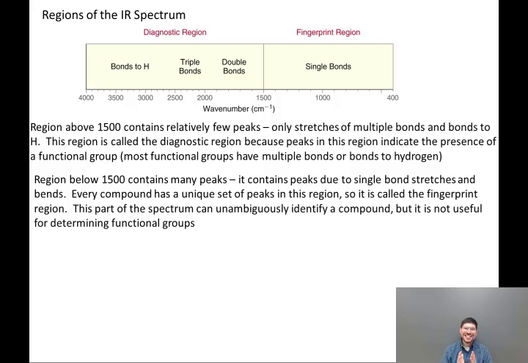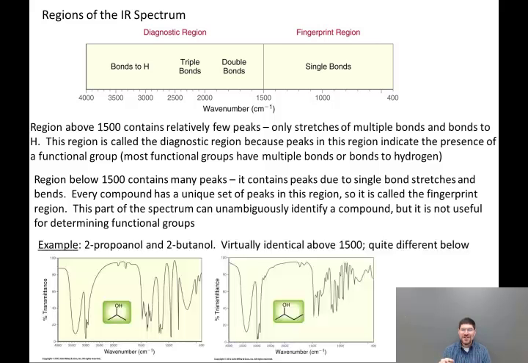So this region is not that useful for diagnosing which functional groups are present in a molecule, but it has a different use. It is called the fingerprint region because every molecule, even if they are very similar structurally, is going to look different in the fingerprint region. So looking at the fingerprint region can unambiguously identify a compound.